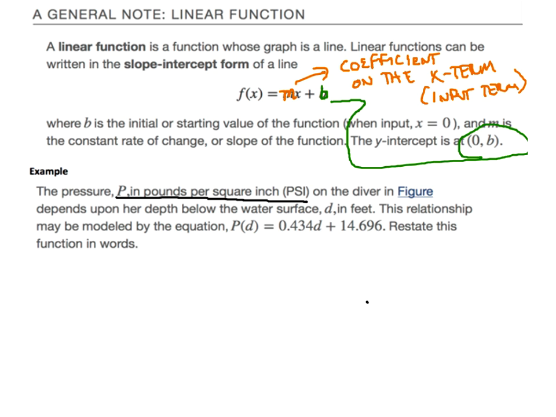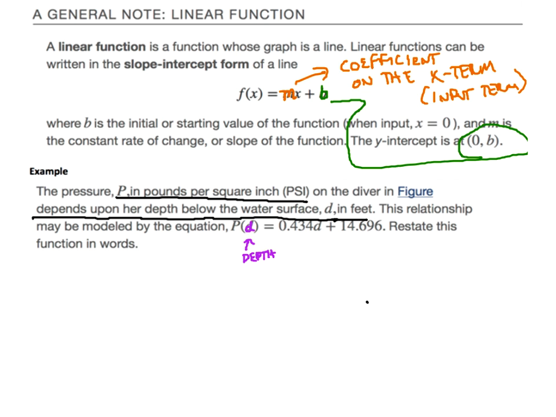P is your output, and it depends on depth D in feet. So notice you have your input variable here, depth, and that gives you your output variable of PSI.